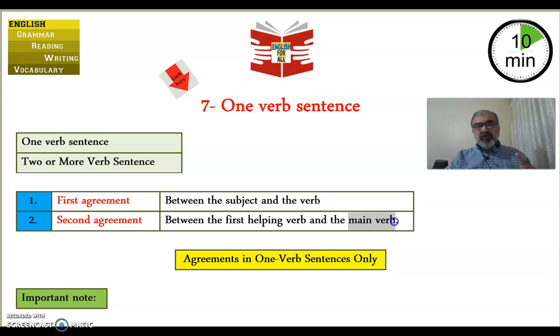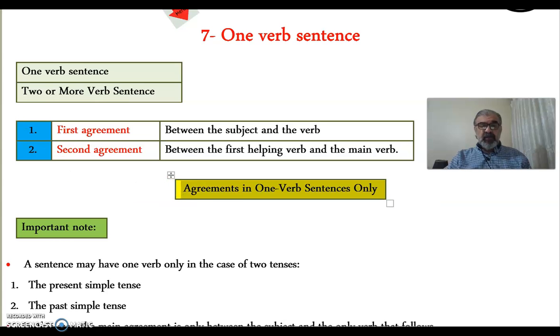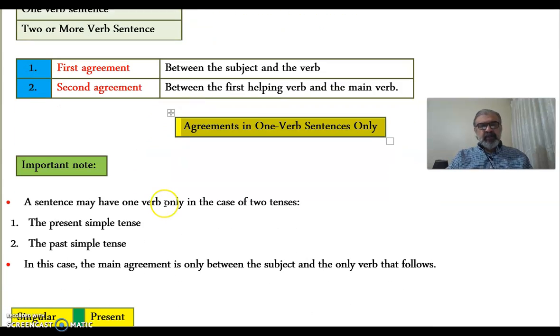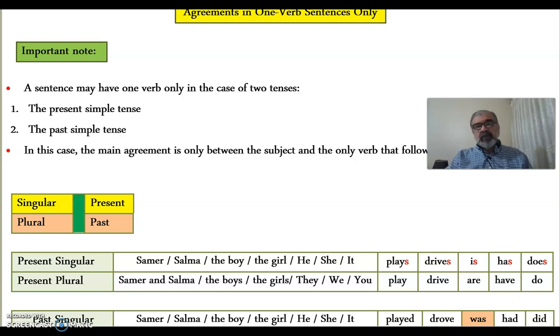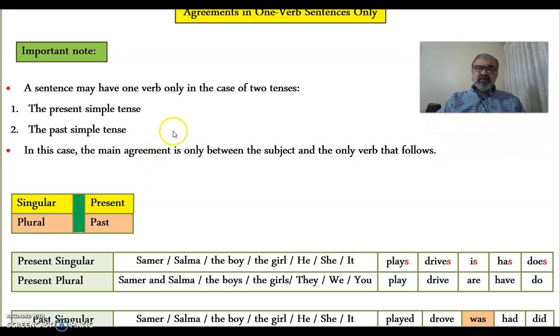Now today in this tutorial we're going to deal with sentences that contain one verb only. Now an important note. This is very, very important. Sentences which have only one verb are mainly about the present simple and the past simple.